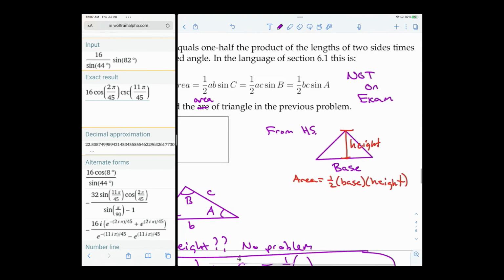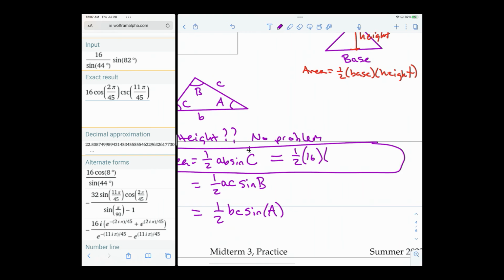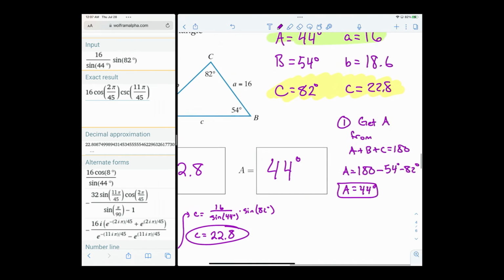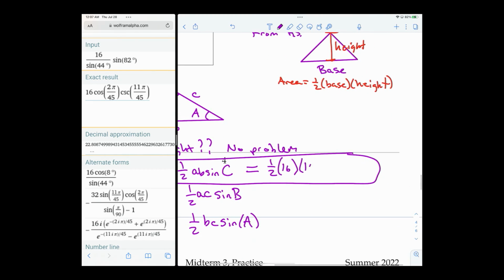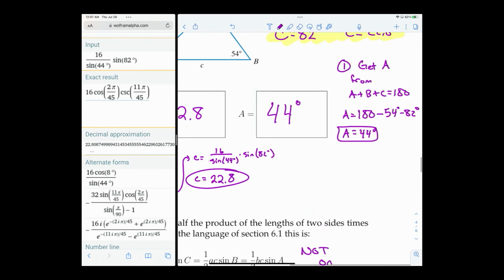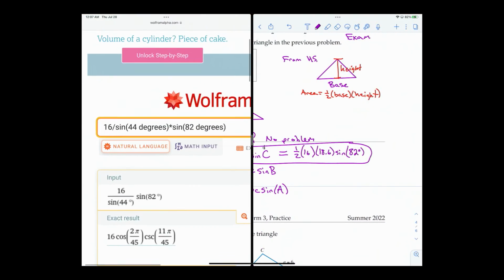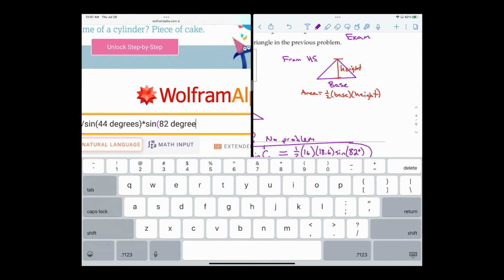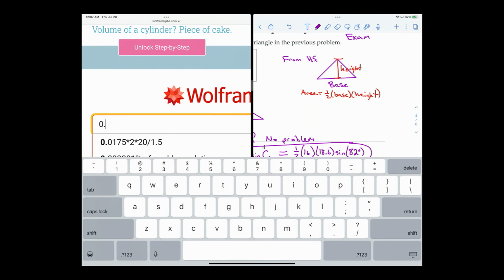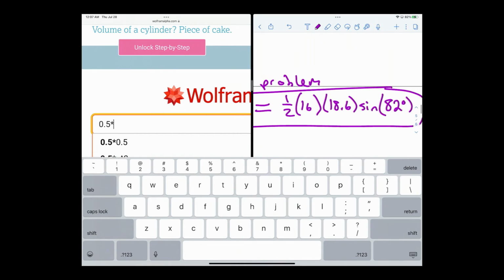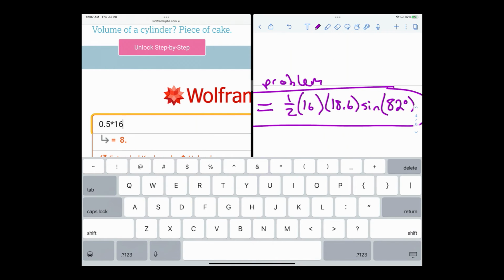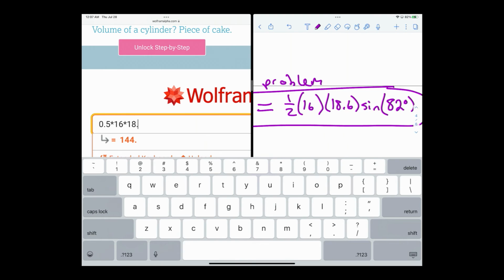A is 16. B is 18.6. And then sine C is angle C, 82 degrees. There we go. So we should just punch this into a calculator and it will give us our area. So 0.5, just being lazy, times 16 times 18.6.